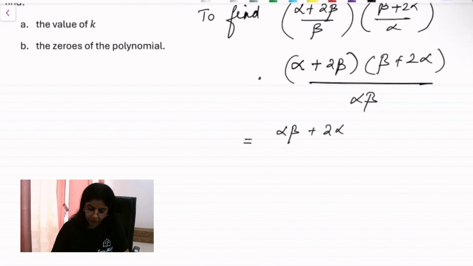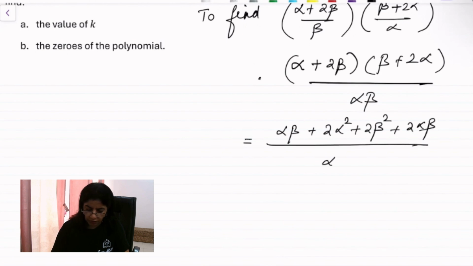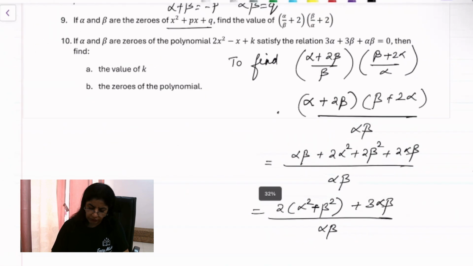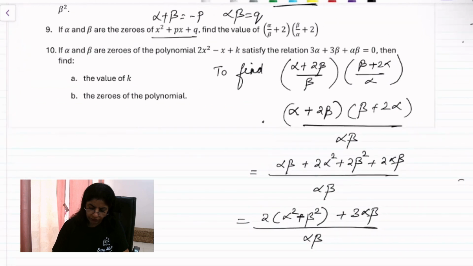So this becomes alpha beta plus 2 alpha square plus 2 beta square plus 2 alpha beta upon alpha beta. So we have 2 alpha square plus beta square plus 3 alpha beta upon alpha beta.